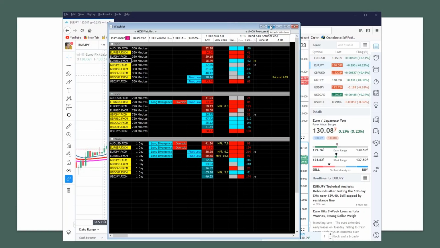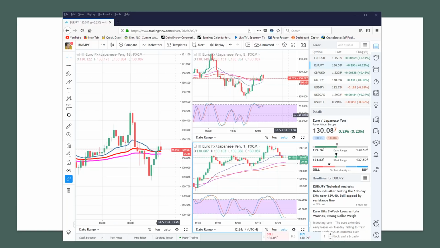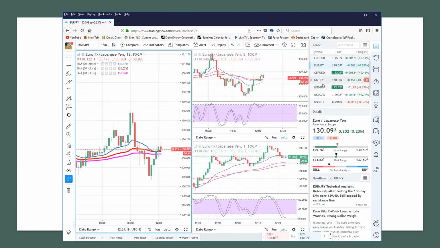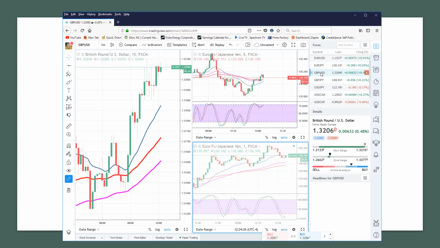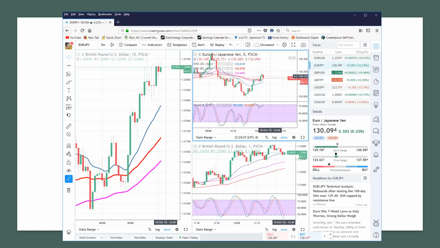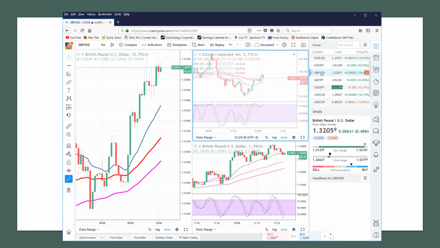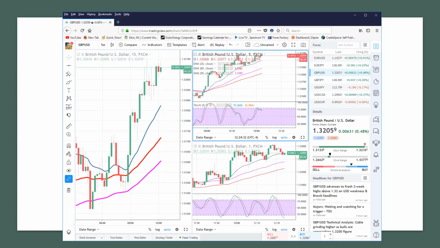Because I trade a lot of currencies. And the difference is like this one, if I want to look at another currency, I have to come over here and click and click and click. So now this way I can change them, but notice that I can't tell everything that's going on in all of the other time frames.